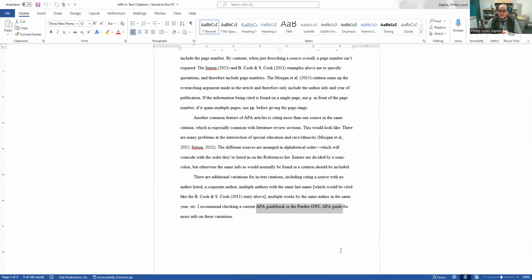APA has a number of different guidebooks that take you through how to cite those sources. And actually a lot of introductory composition books, textbooks for first-year writing classes and things like this will also include breakdowns of how to cite in APA format. So that will have that information as well.